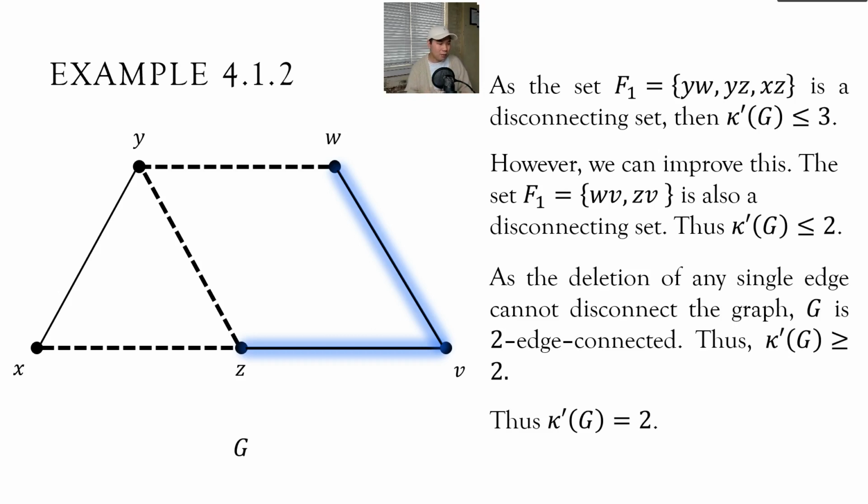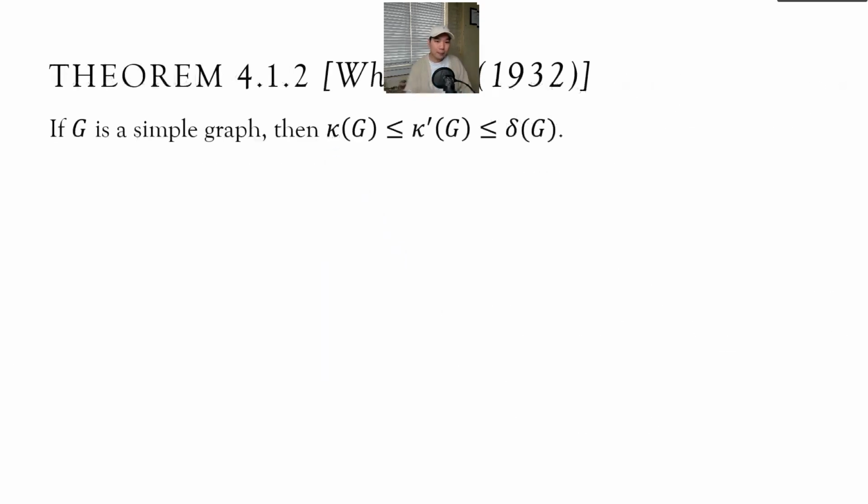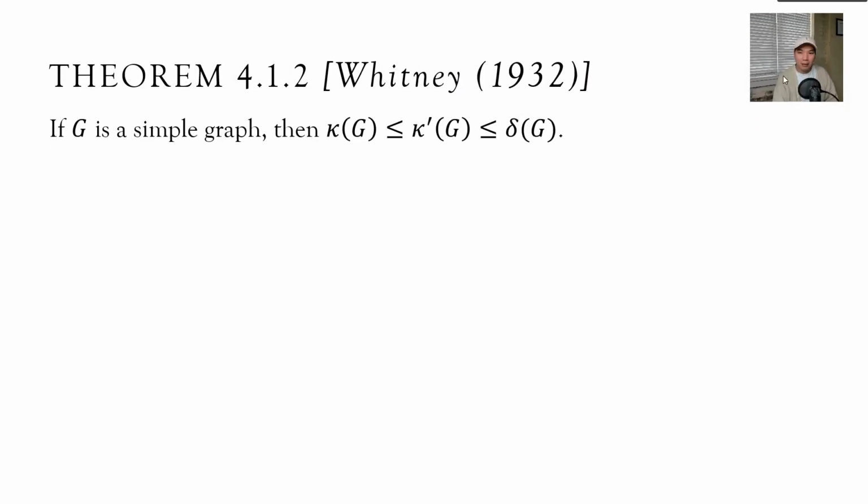So now I'm going to introduce this quick theorem. This is by Whitney from 1932. So you might be thinking, well, the graphs that we work with were pretty small, but what if I was working with a much larger graph? And are there any quick upper bounds that we could work with?